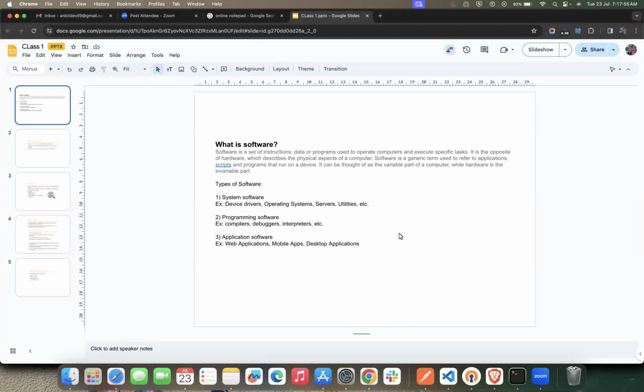There's no search engine, so that we cannot communicate to the laptop directly without any kind of software. Yes. So software, programming. Correct.